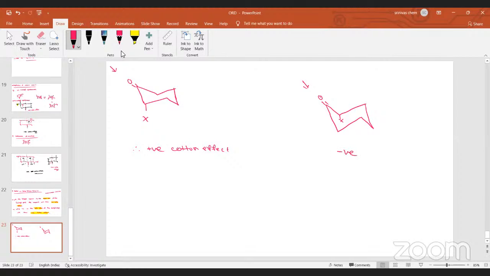So it will show a negative Cotton effect. So this is about the axial haloketone group.